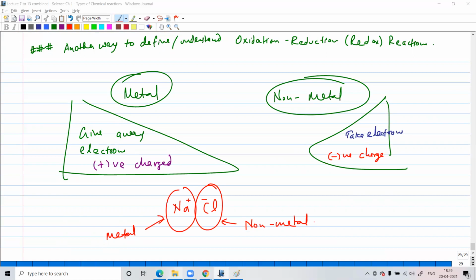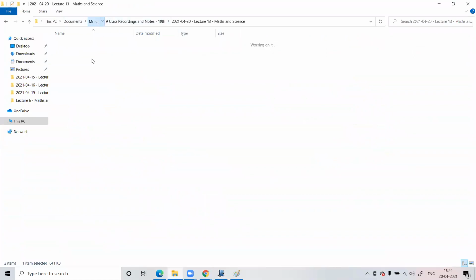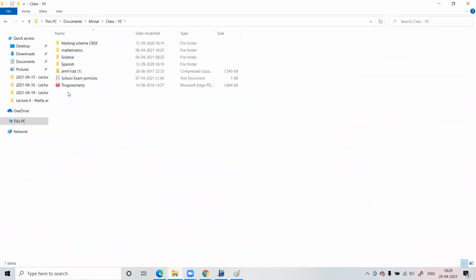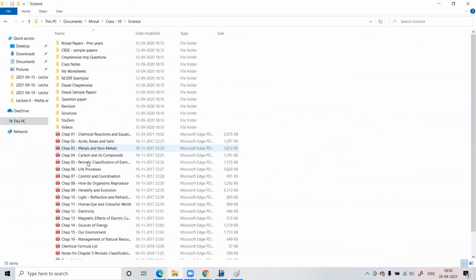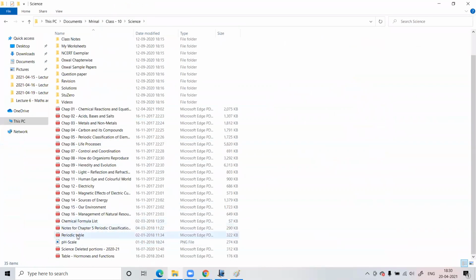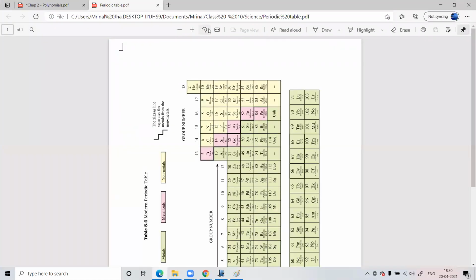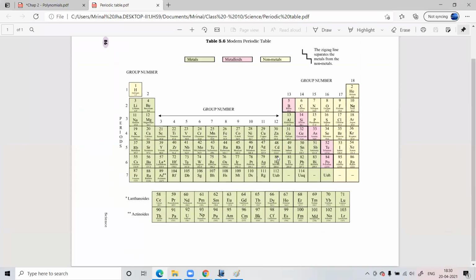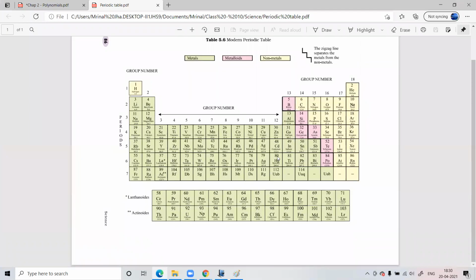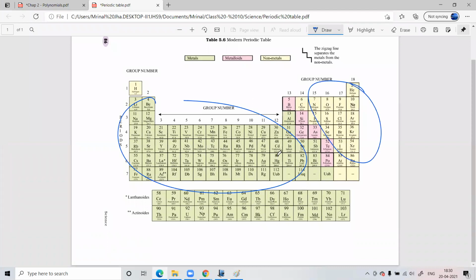So just to refresh your memories, let's quickly go to the periodic table very fast. All these green things you see here are metals. All these yellow things are non-metals.